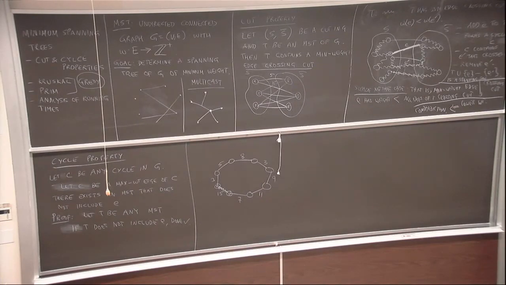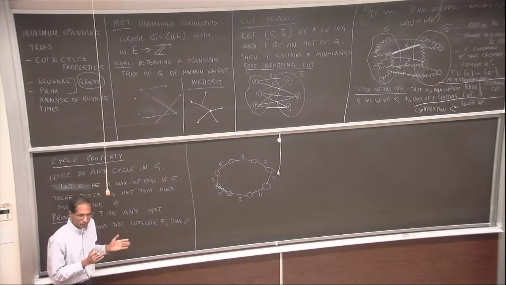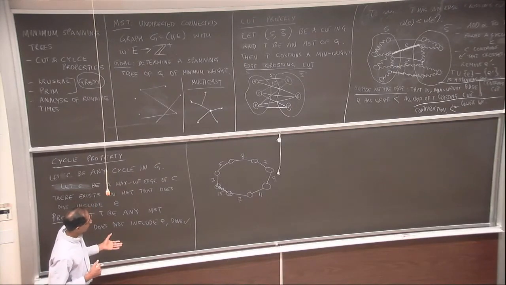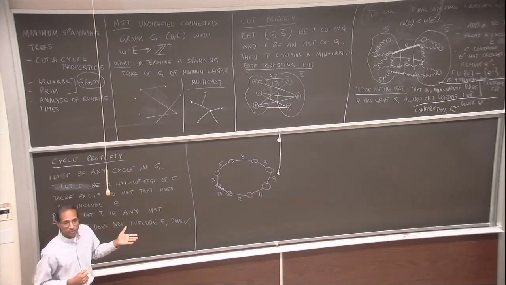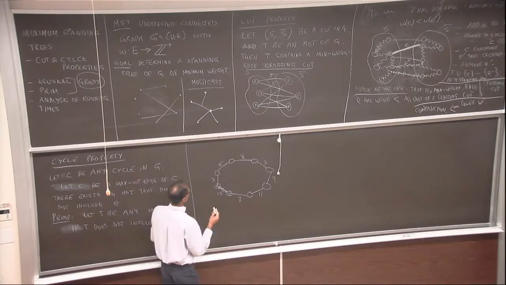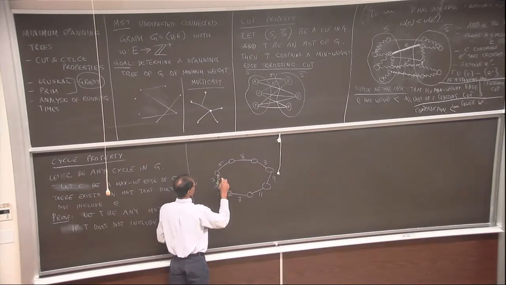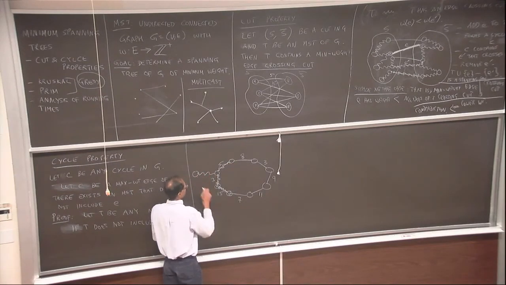So let's suppose we are given a minimum spanning tree T, and we are told that it does not include E, then we are done. But now in the other case, it actually does include E. Maybe it includes some other edges here. Maybe something else going on here.